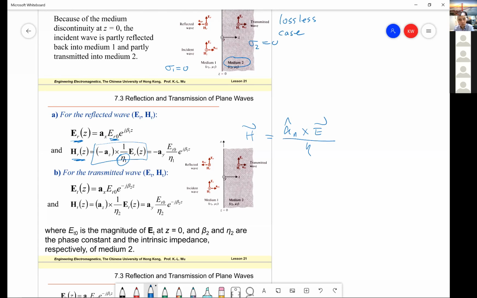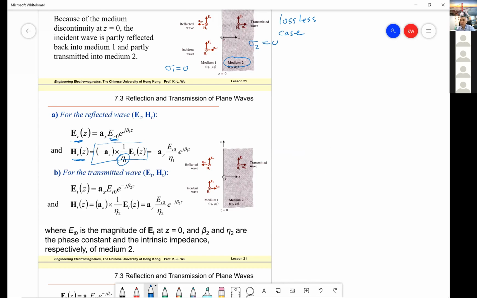You can go back to check our discussion and find it is always true. So we use this relation to find the magnetic field. Then I can use Ohm's law because the reflected magnetic field is also a traveling wave propagating in a single direction, the minus direction.